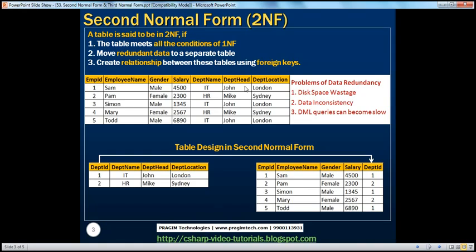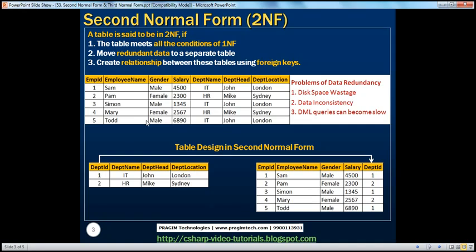Since we know that in my organization I only have two departments and 100,000 employees, for all the 100,000 employees these department columns should also be repeated. The department head and department location do not change on a per employee basis.